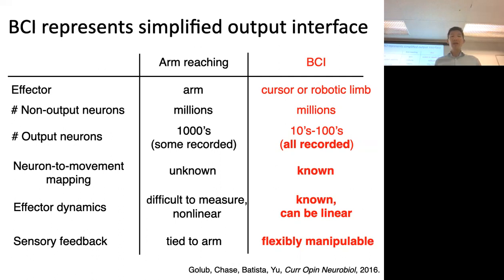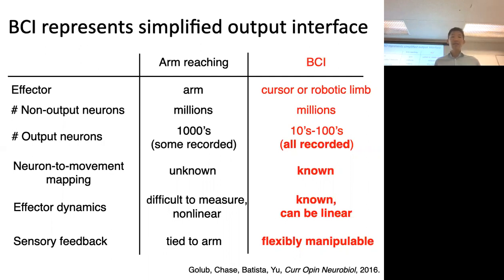Okay, so here the neuron-to-movement mapping is known because we define what those matrices are, A, B, and little b. Okay, and the effector dynamics can be linear, right? So the equation that we just saw was a linear equation, and that's going to help us define various hypotheses rigorously and be able to test them experimentally.